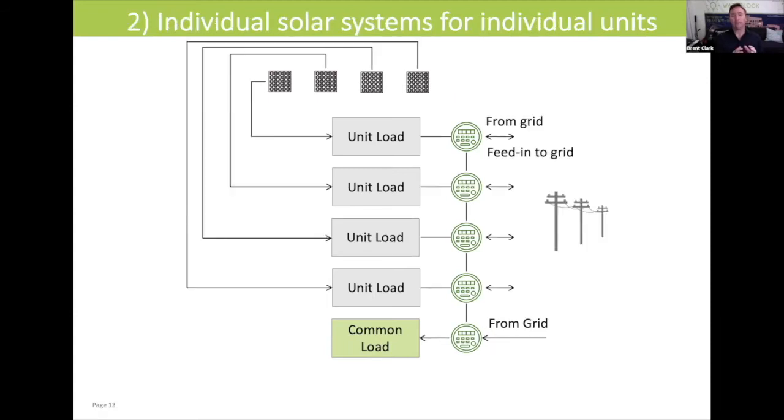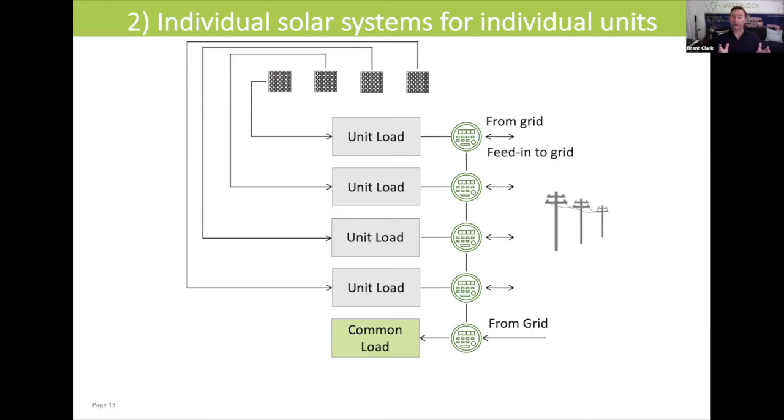The second type of solar setup for an apartment building is individual solar systems for each individual unit in the building. Now, this setup is typically best for a townhouse complex that might have a sprawling estate of townhouses with ample roof space.